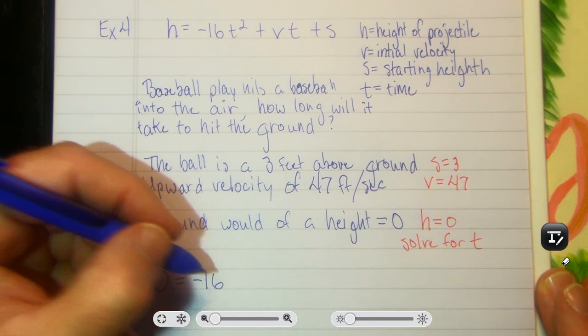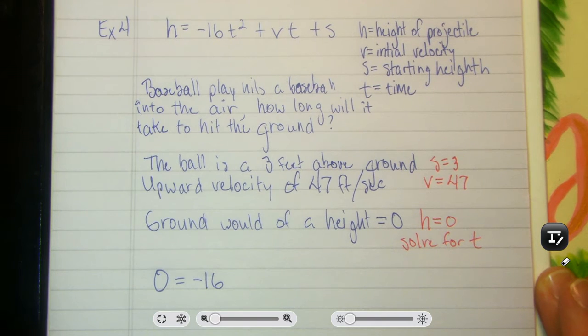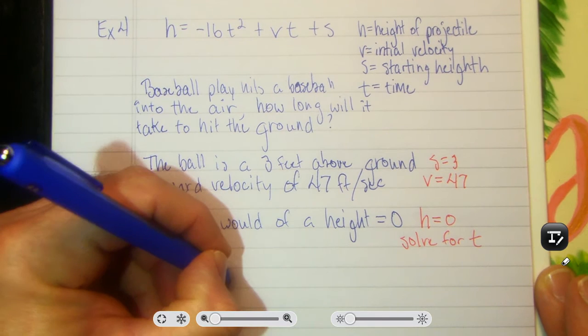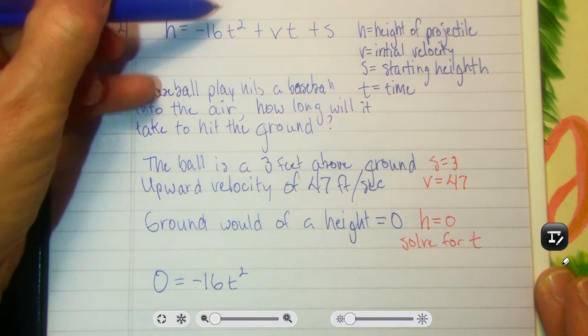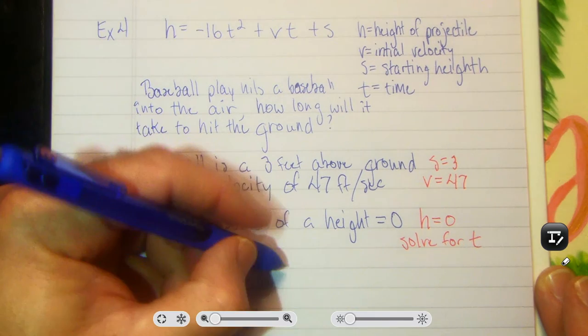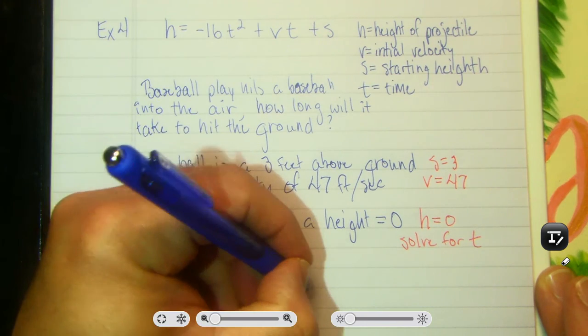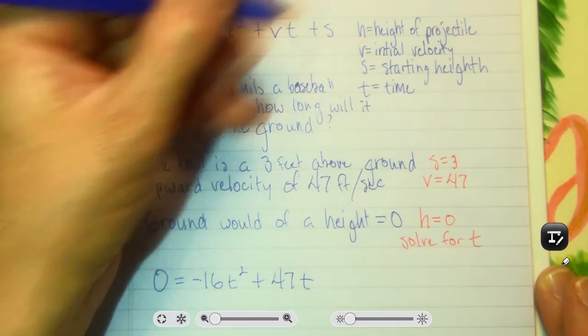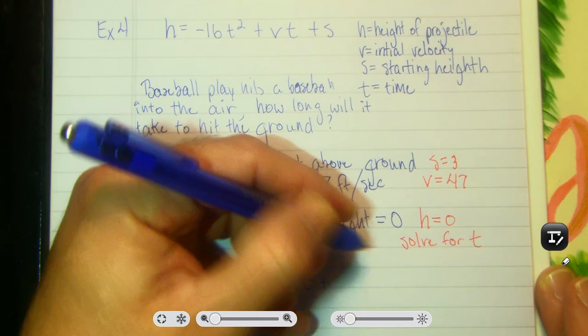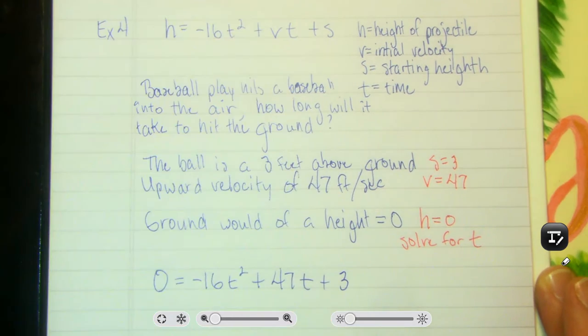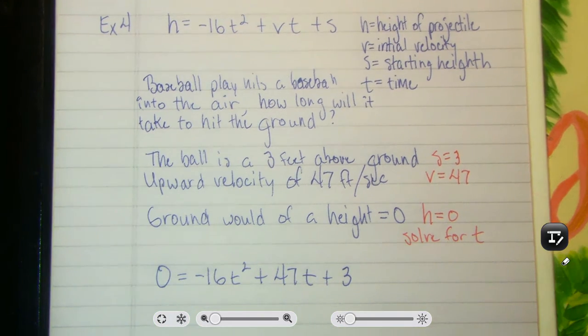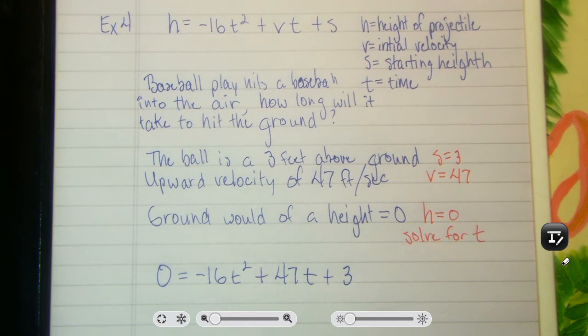Now, I don't know the time. That's what I'm looking for: how long does it take until it gets to 0? So I'm just going to leave t squared in there. Plus, the velocity is 47, so it's 47t. And my starting height is 3, so I'll plug a 3 in for S. So all I did so far, nothing magical or complicated, I just plugged the variables I found into that quadratic equation.